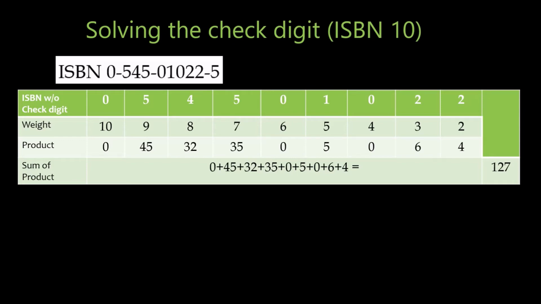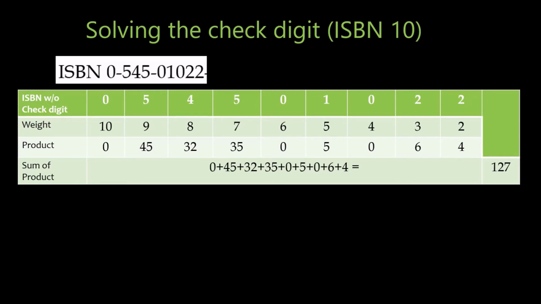For finding the check digit, we must imagine it without a check digit. Now, ISBN without check digit is 0545010222, and its weight is 0 is 10, 5 is 9, 4 is 8, 5 is 7, 0 is 6, 1 is 5, 0 is 4, 2 is 3, and 2 is 2.